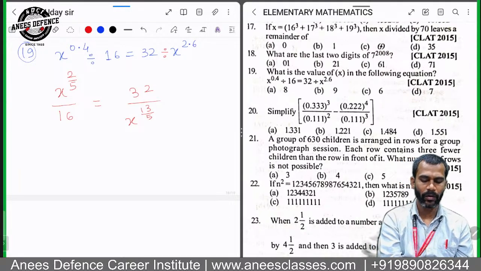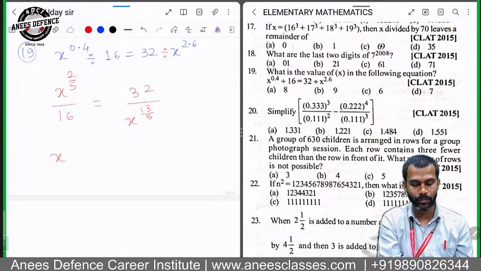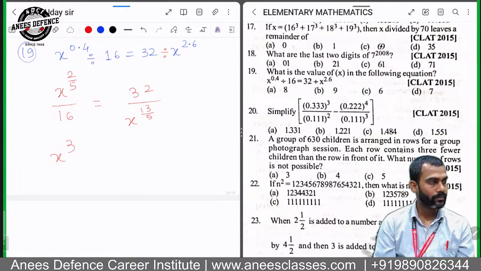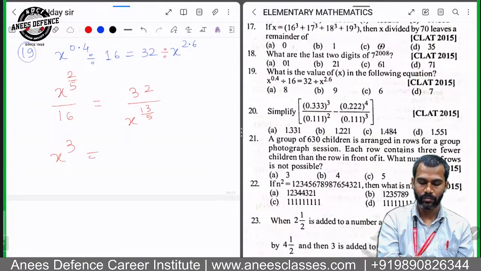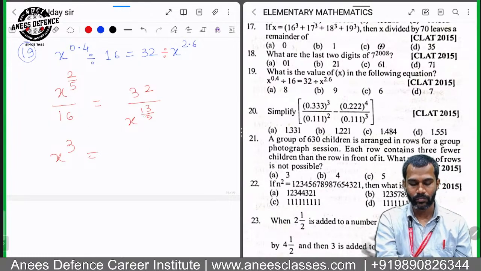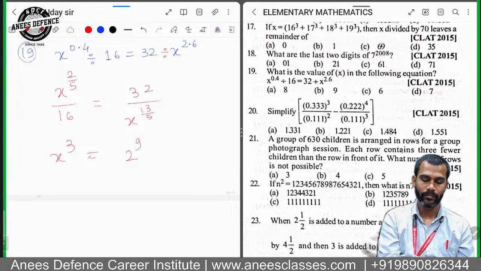Now we can just cross multiply. Very easy. So the powers will be added. What is 13 by 5 plus 2 by 5? That is 3. And 16 into 32 is 2 raised to 9.